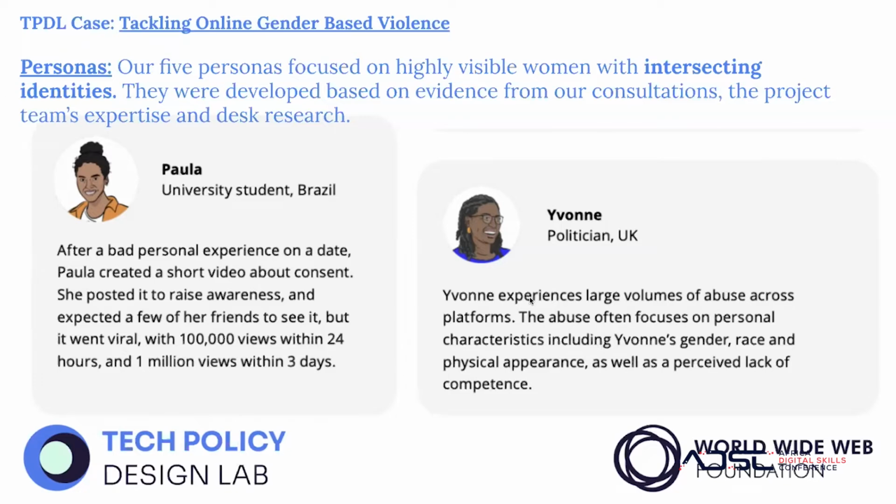I've only shared 2 here, but one is, for example, a university student in Brazil, another is a politician in the UK, and how they experience large volumes of abuse. What does their daily life look like? What is the interaction with the web? And what does harm look like from their point of view, not the tech company's point of view, not the government's point of view, but the user's point of view.